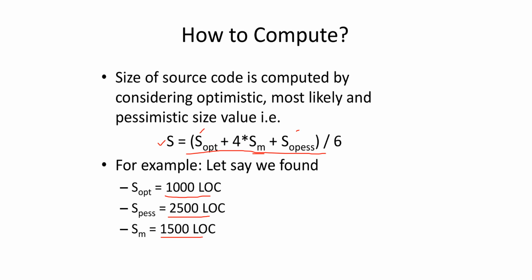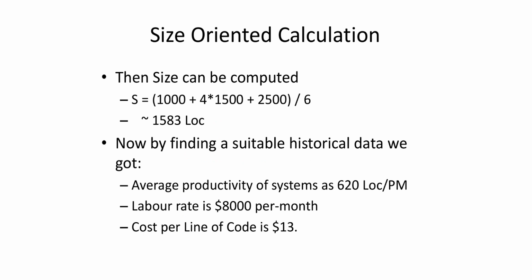So once you put these values into this formula, you will get a value which is close to the most likely value of 1500. Okay, so when you put it in this formula, we get 1583 LOC. Okay, so this is how you estimate the LOC.